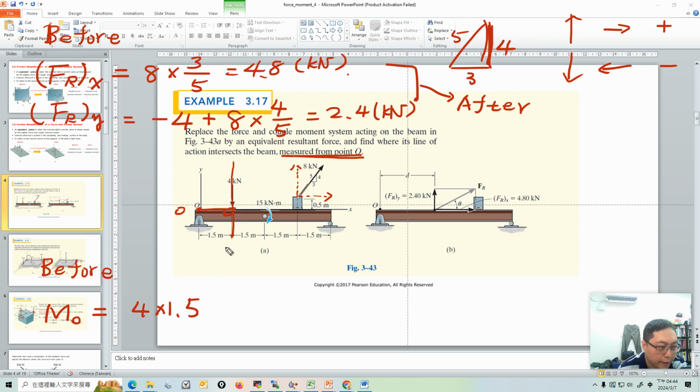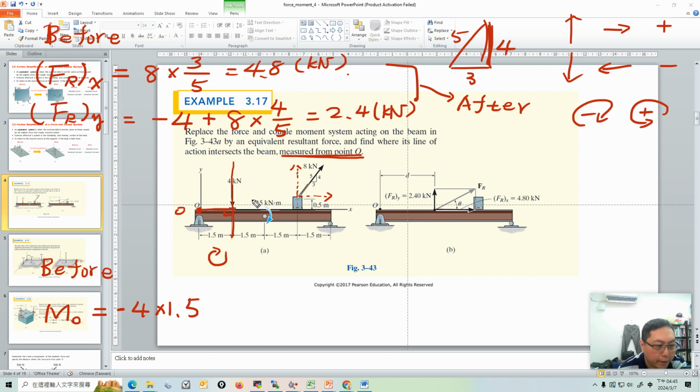The reference point is here, so this force will cause a clockwise rotation. Sign convention: clockwise is negative, counterclockwise is positive. So there will be a negative here.